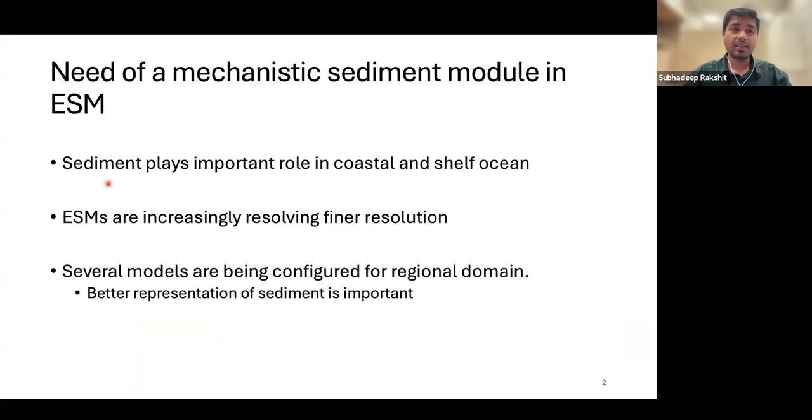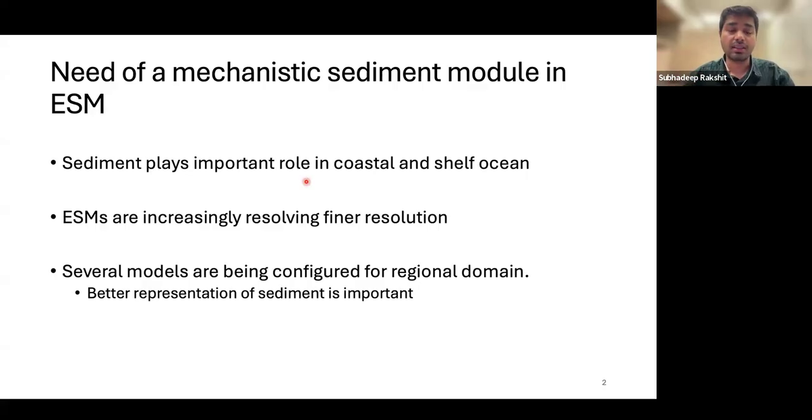So, as Jessica already mentioned, why do we need a sediment module in Earth system modeling? Sediment plays a very important role in the coastal and shelf oceans, and now with the progress of technology, ESMs are increasingly resolving finer resolutions, and that means they are resolving the coastal seas and the shelf in a much better way, and that's where the sediment's contribution to the biogeochemistry increases rapidly.